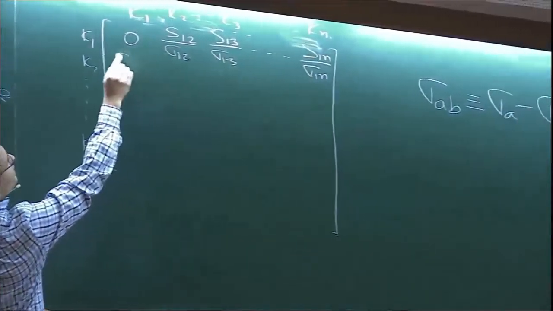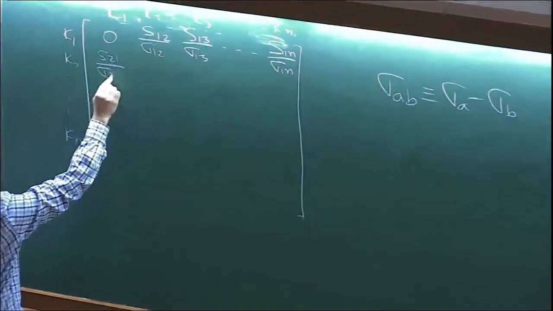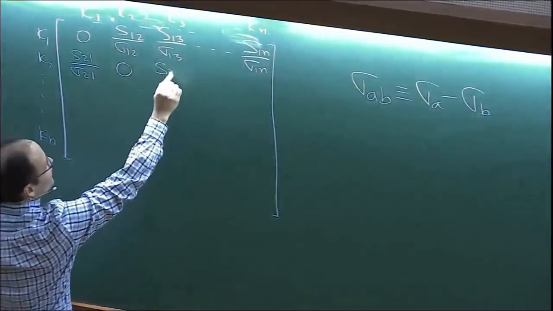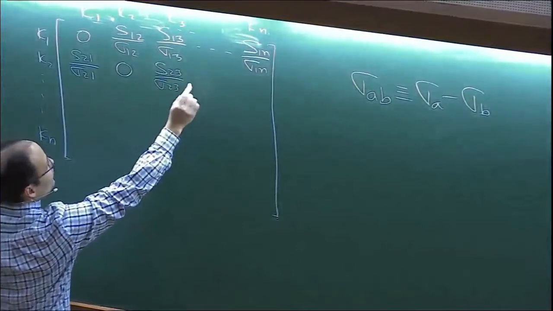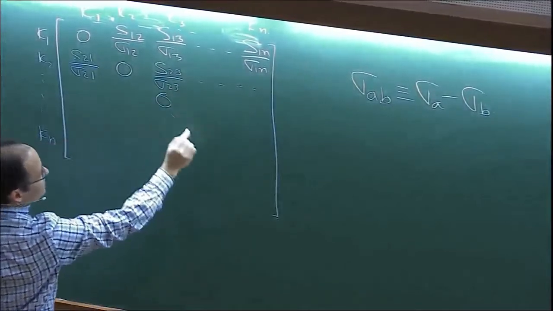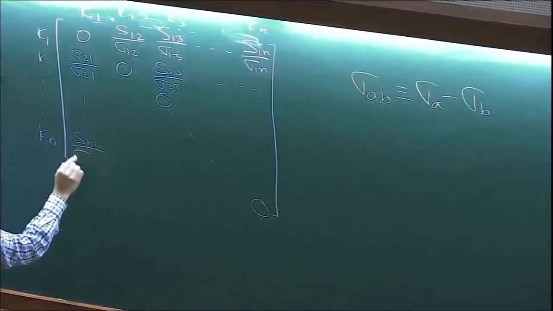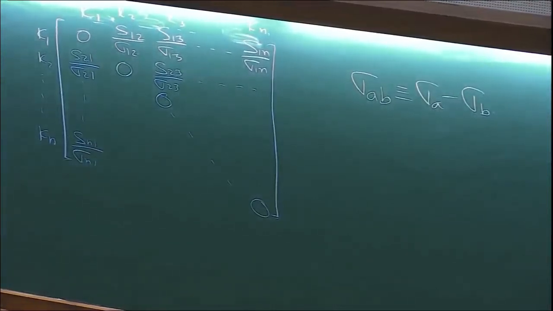So we have s21 divided by sigma 21, then 0, then s31 over sigma 31, and so on. We'll also have a 0 here, and finally s1n over sigma n1.